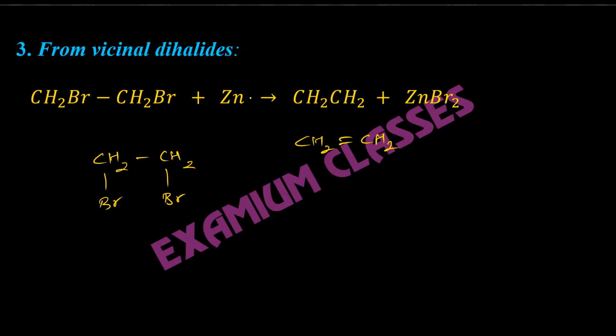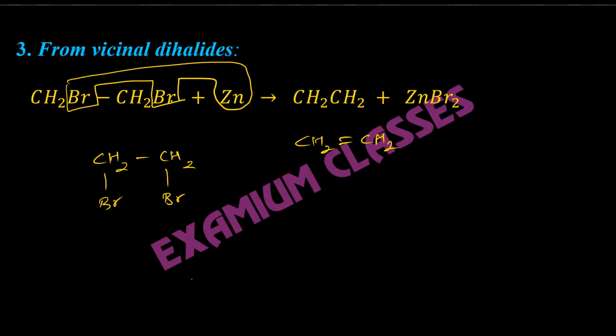This is an important reaction we will be using in conversions. CH2, CH2. So what will happen? These two bromines and this zinc, these three will combine and produce zinc bromide.